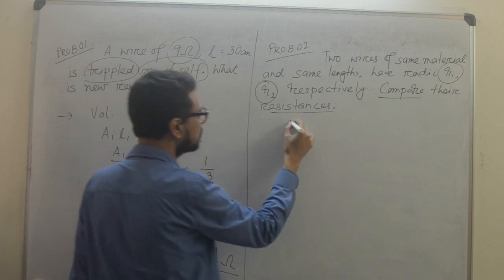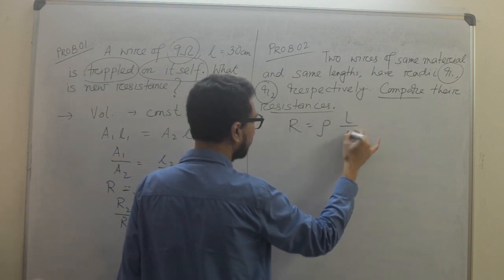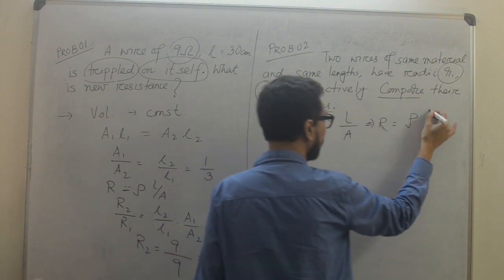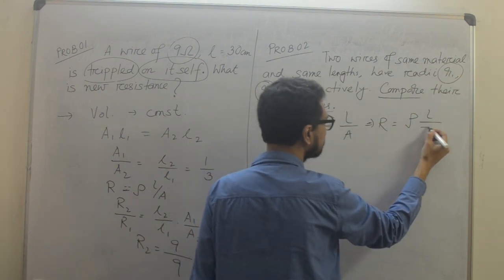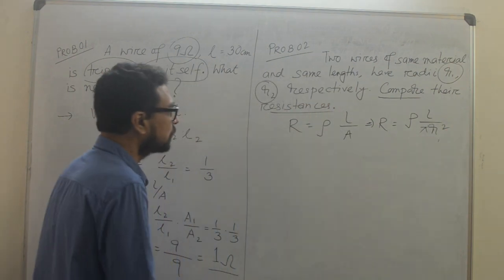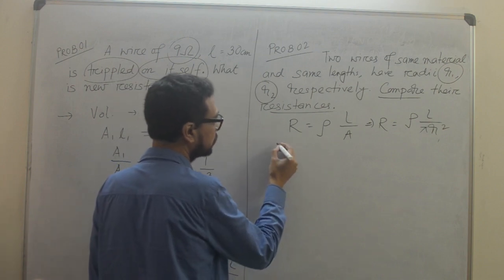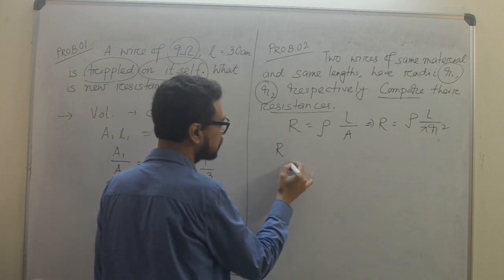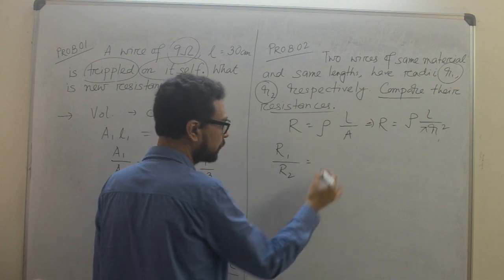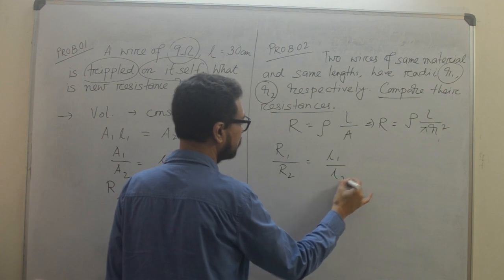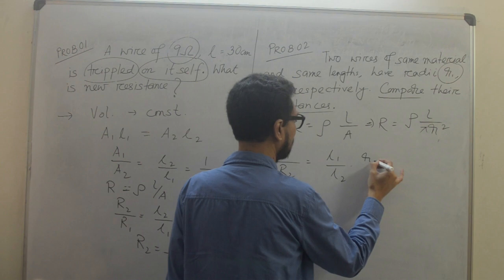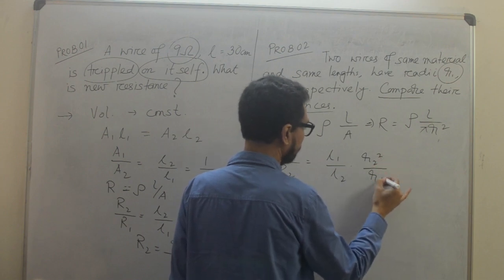So R is equal to rho L by A, and that can be further written as rho L by the cross-sectional area, which is pi r square, since they have mentioned radii. So that we can understand how we are going to relate. We have to compare the resistances, say R1 is to R2. So I'm going to write L1 by L2 into r2 square by r1 square.